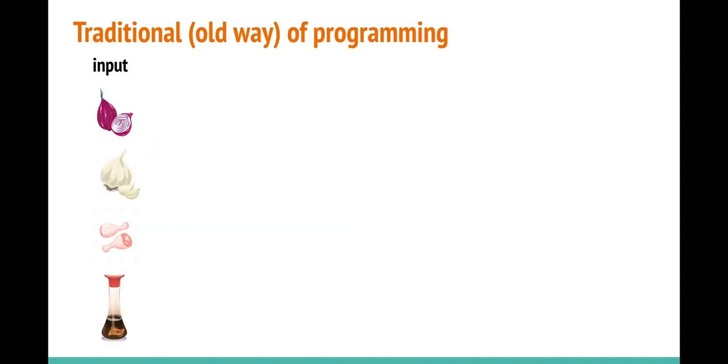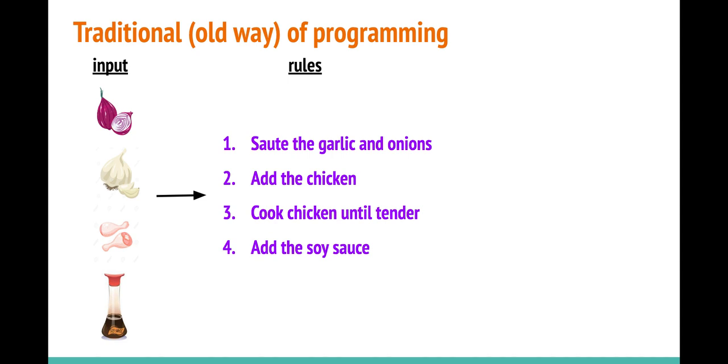Now say, for example, the traditional way of programming based on my example earlier. The old way of programming is we tell the input: we have the onions, garlic, chicken, and then the soy sauce. Then we tell the computer the rules: saute the garlic and onions, add the chicken, cook the chicken until tender, then add the soy sauce and vinegar.